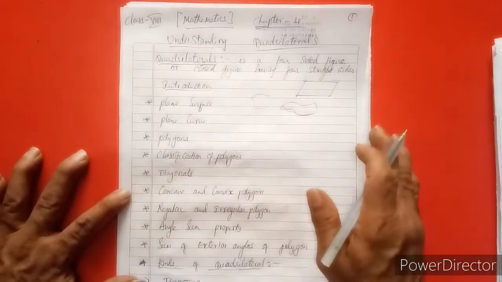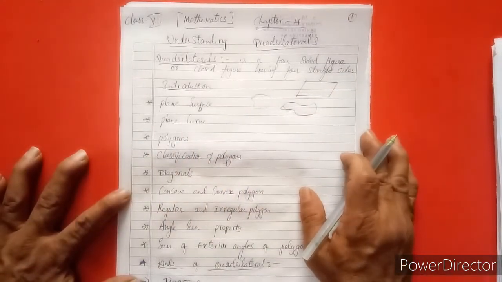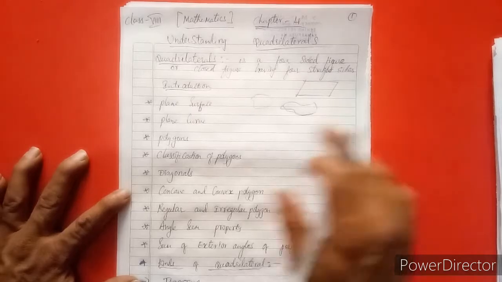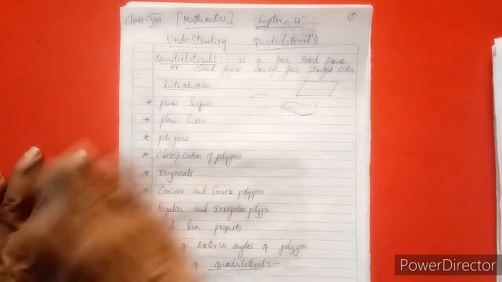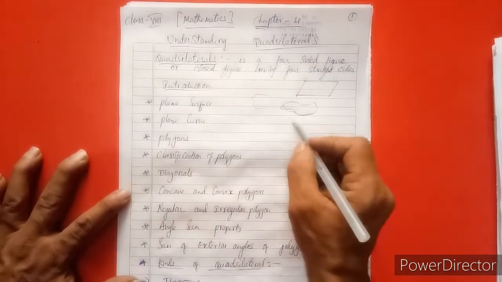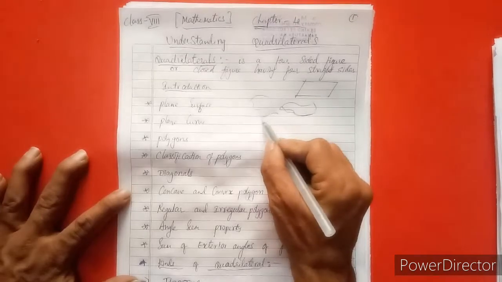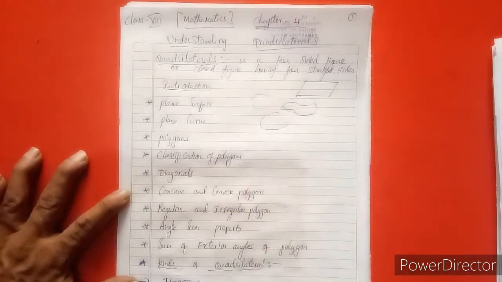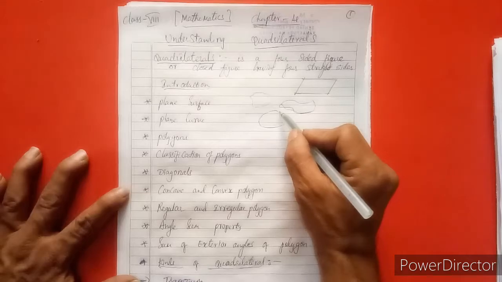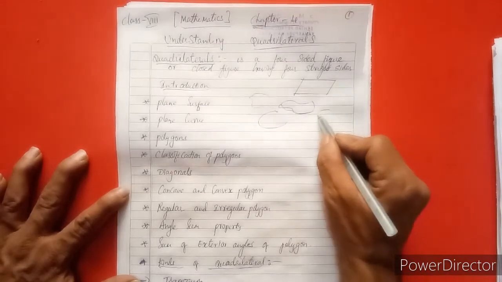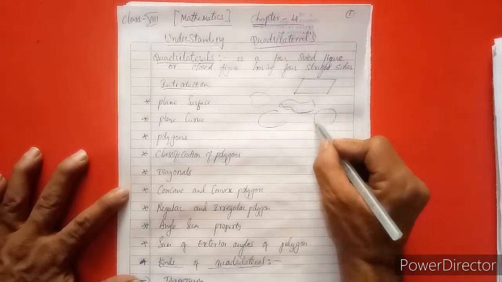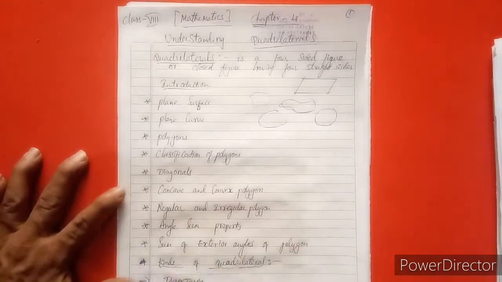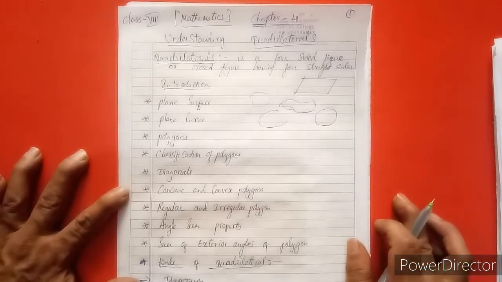You are writing something onto the page. Did you understand? Plane curve. We also get curves on the plane surface, and we take that as a curve. That is a plane curve.